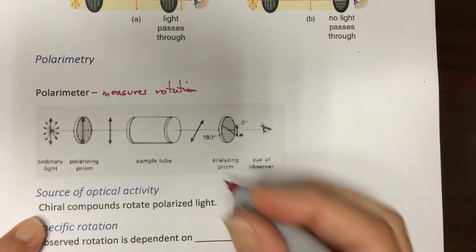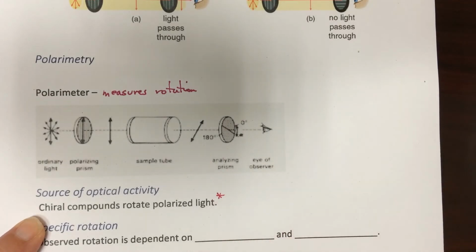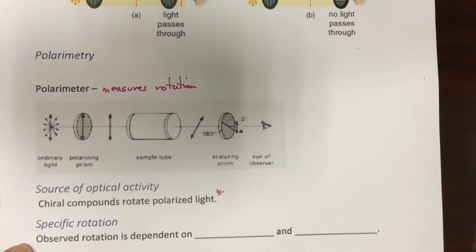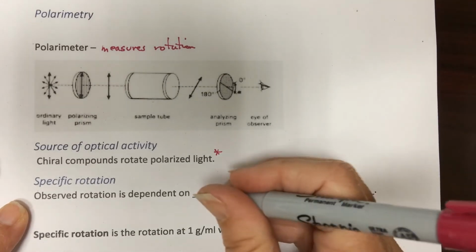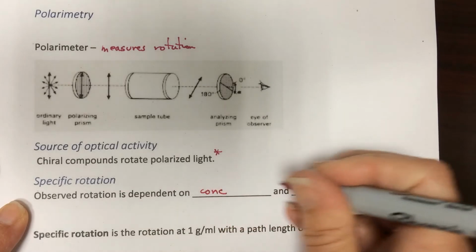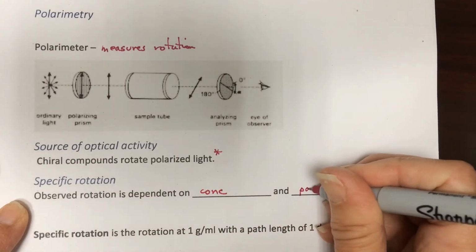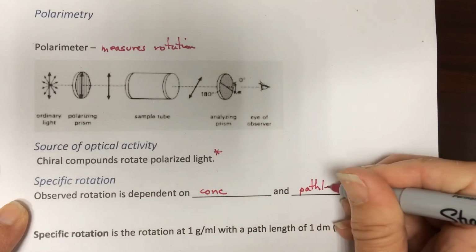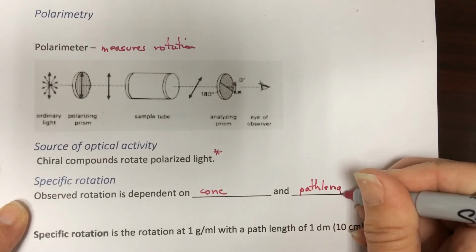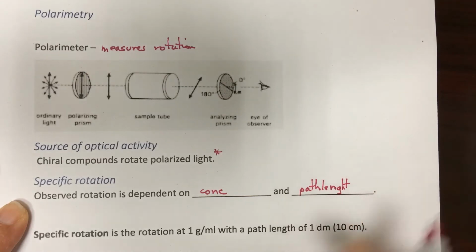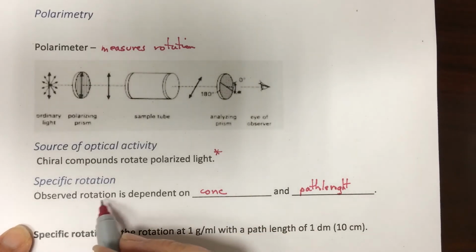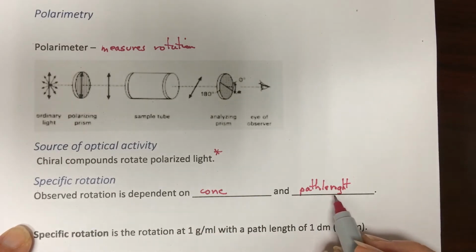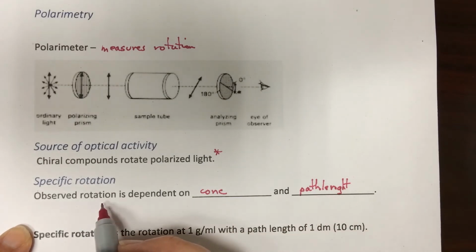Chiral compounds will rotate polarized light. The observed rotation is dependent on concentration and path length. So if I doubled the concentration, I would have doubled the observed rotation. If I make the path length shorter, then I'll have less rotation.